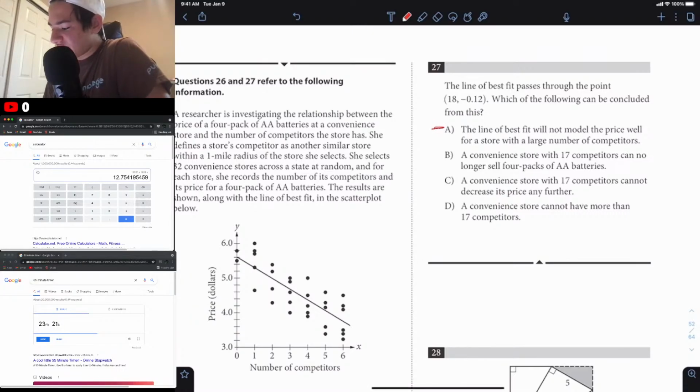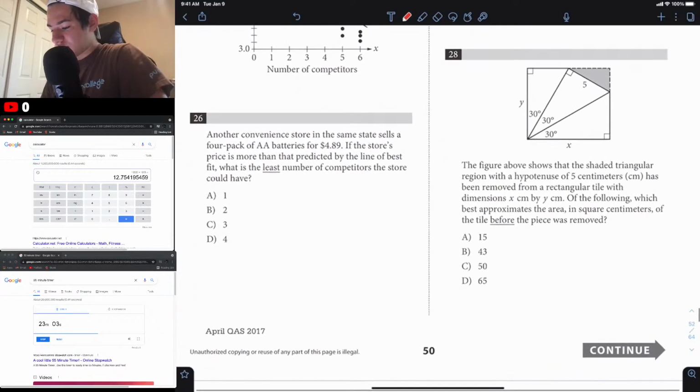A convenience store with 817 can no longer sell 4-packs. Well, they can. A convenience store with 17 cannot decrease its price any further. I think it's A. Yeah, I'm going to get A there.